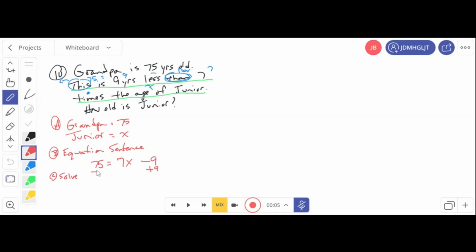So I'm going to add 9 and add 9. The 9s add out. We're left with 7x. 75 and 9 is 84. Now we undo multiplication by dividing by 7. The 7's divide out, we get x, and 84 divided by 7 is 12.